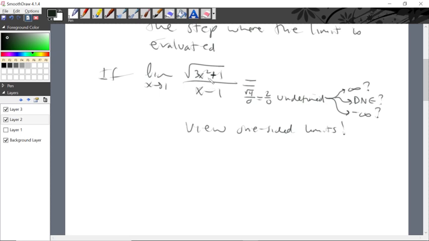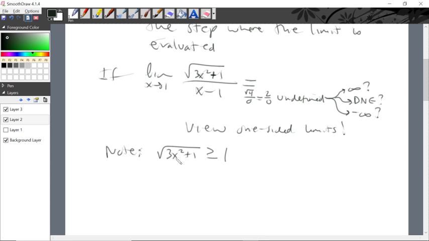Now in this case, what I could do is note that the numerator, which is a square root function, has a range that is always greater than or equal to 0. So the square root of 3x squared plus 1, in fact, is always greater than or equal to 1 at its minimum, since x squared always is non-negative.